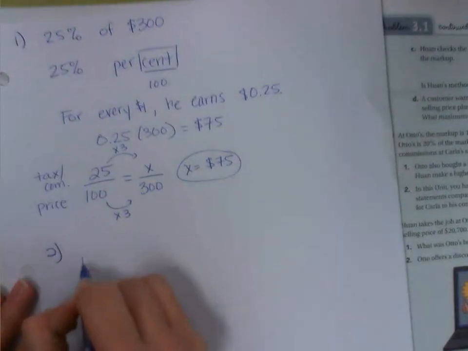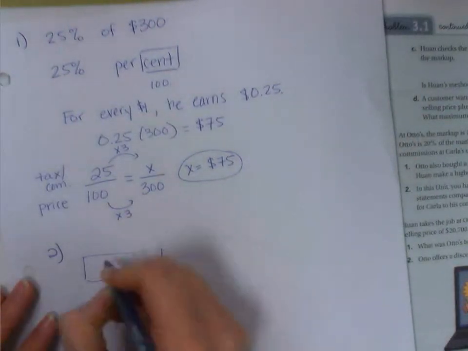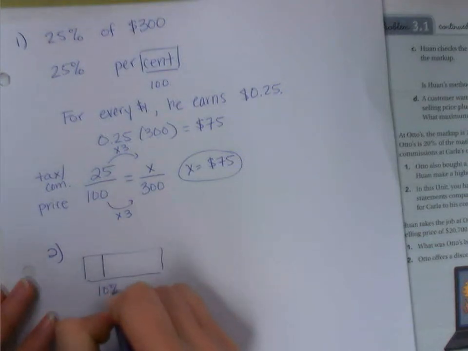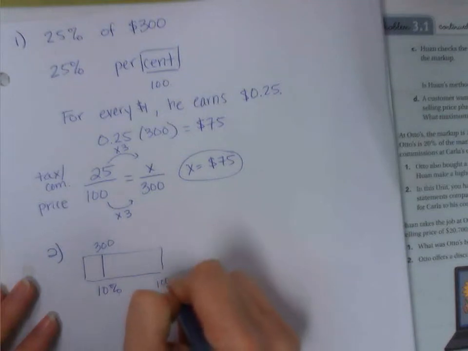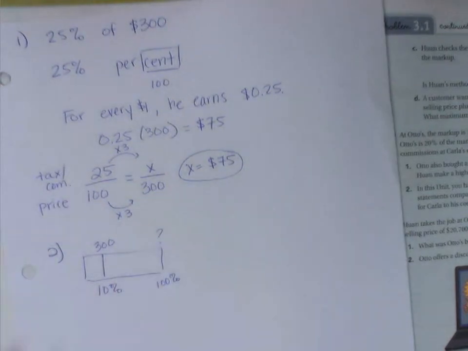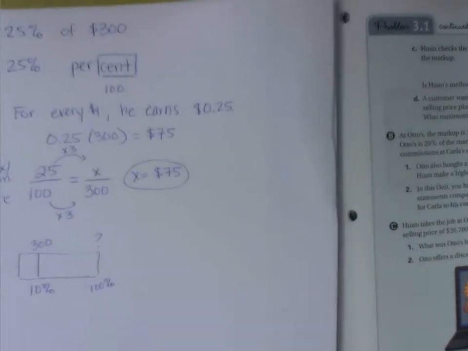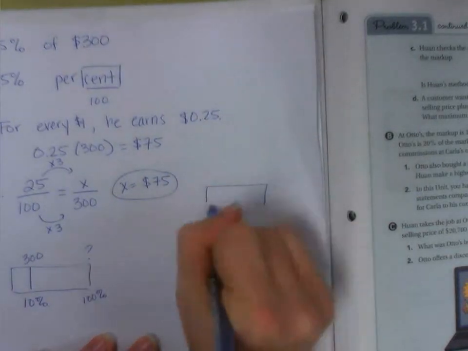So this one's asking a little bit different question. So we draw our percent bar. 10% is now $300. We're trying to figure out the 100%, the buying price. In number 1, we had a slightly different picture.